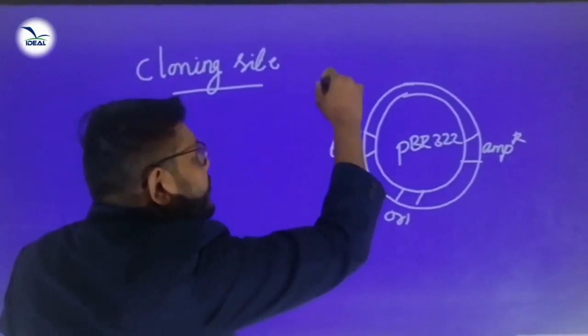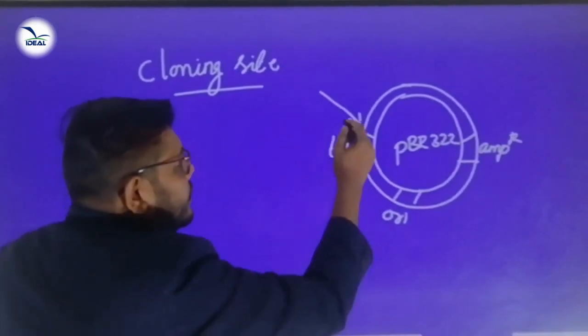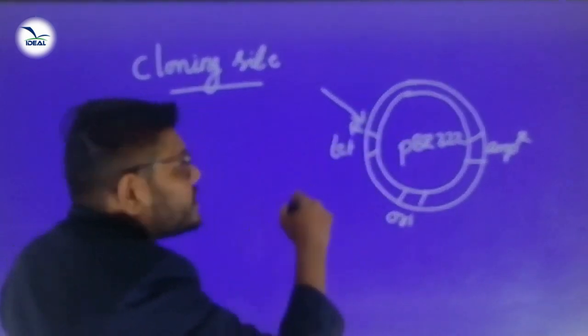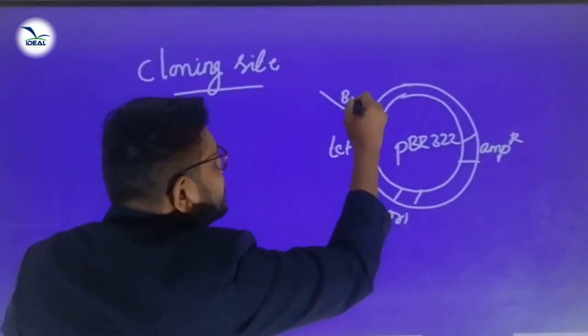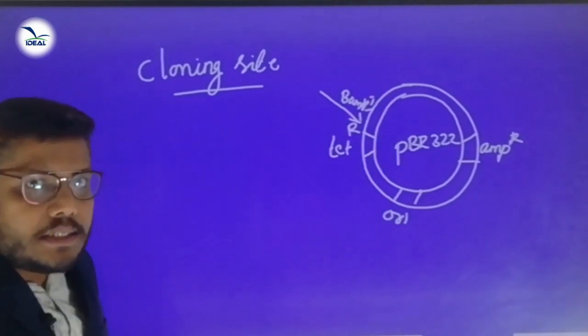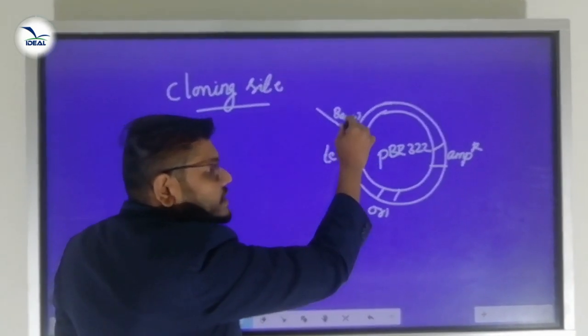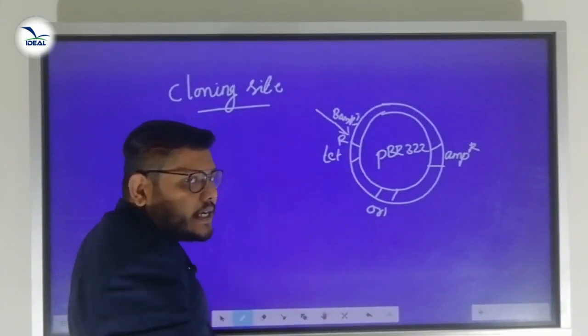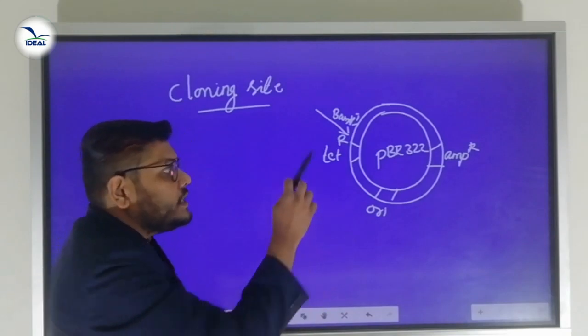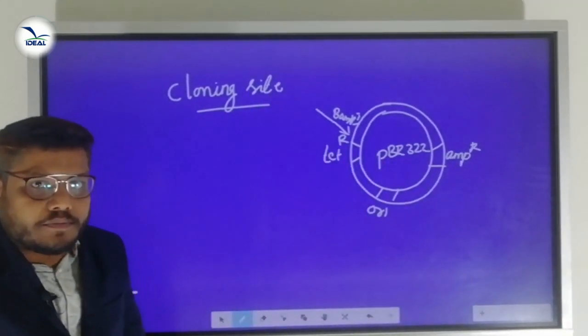There, a foreign gene is inserted here. This is the restriction site. You can consider this the BamHI site. That is one of the restriction sites. The ligation is carried out at a restriction site present in one of the two antibiotic resistance genes.